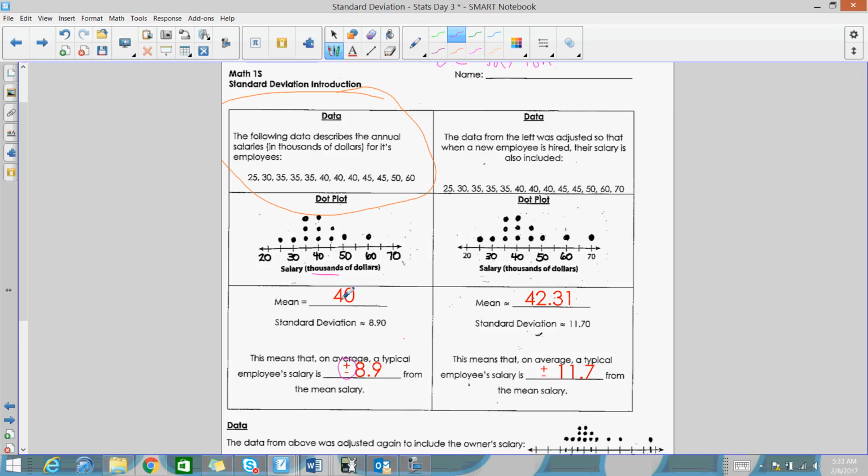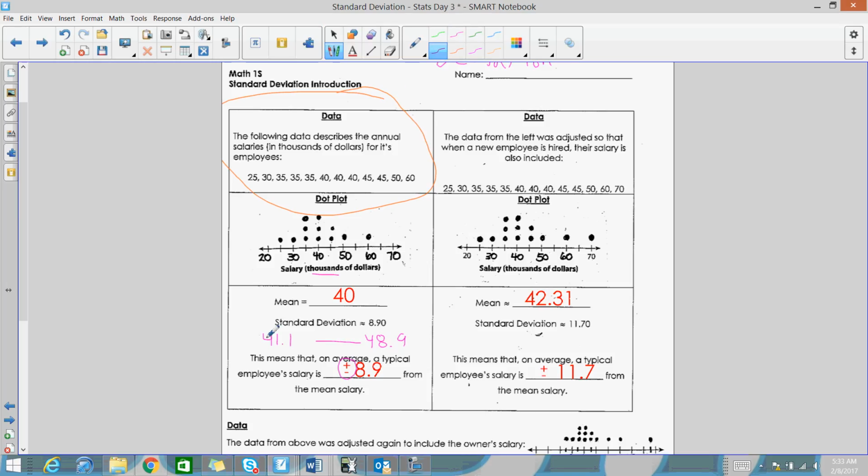If you went 40 plus 8.9 is 48.9, all the way in between, and then 40 minus 8.9 is 41.1. So the standard deviation of 8.9 means that, not 41.1, sorry.